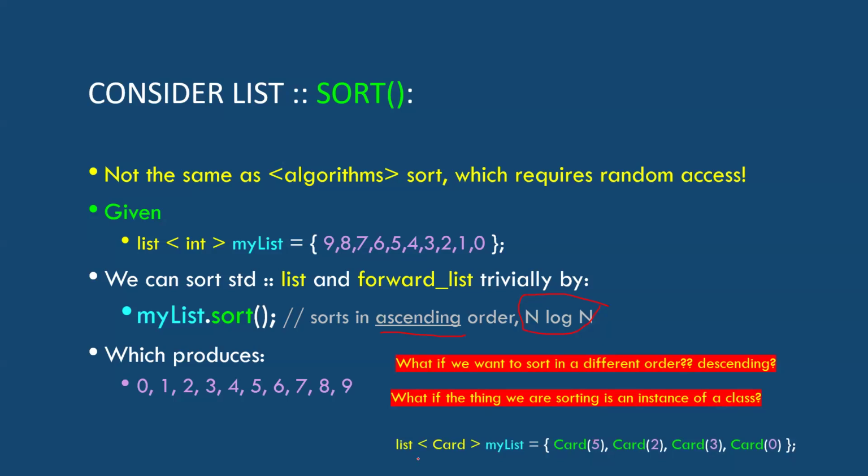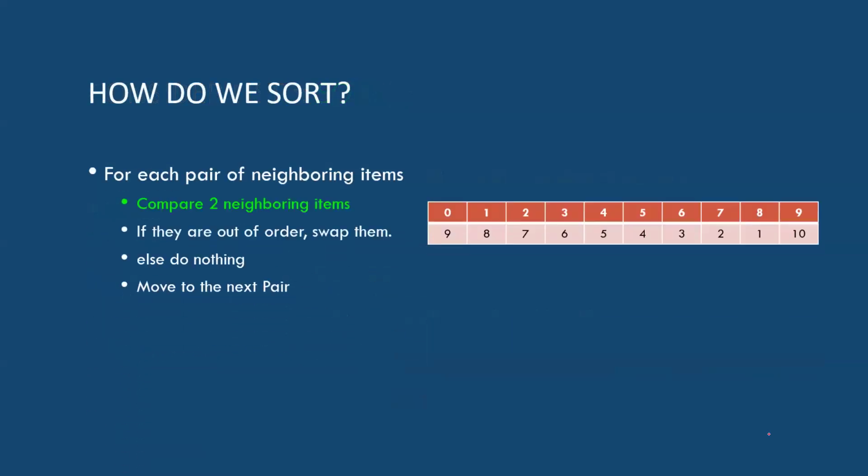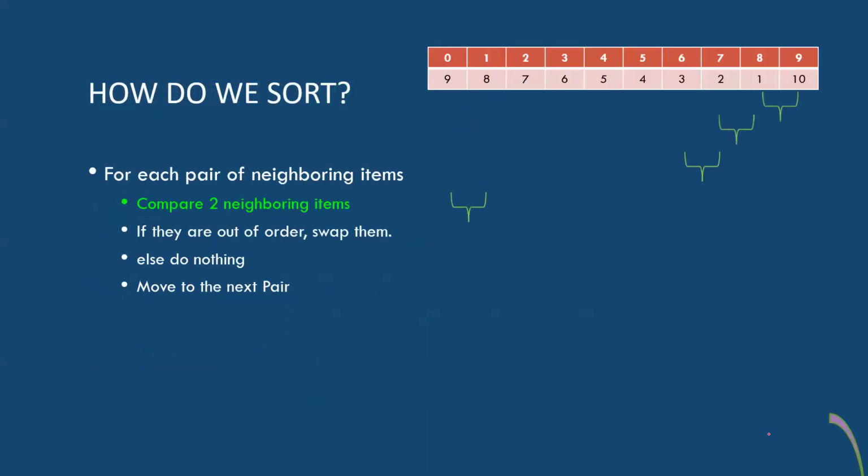And if I had a list like this with cards, well, we can't even sort these in ascending order, because how does my sort know to look inside of each card instance to its potentially private data members, right? So all sorts of problems there, okay? So this is where this method comes in handy. Now, if we think about sorting, the only thing we need to do to sort is compare two items.